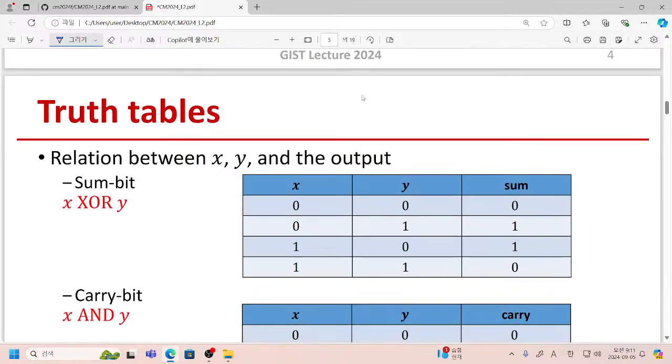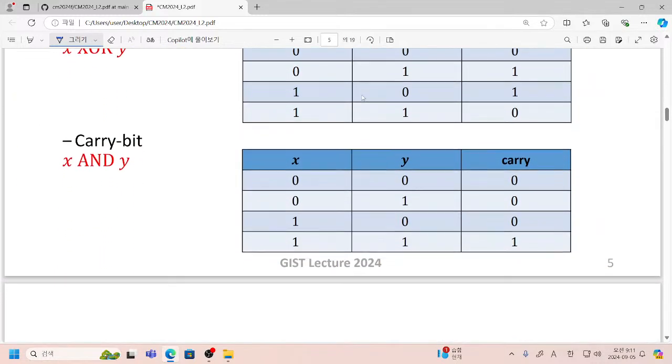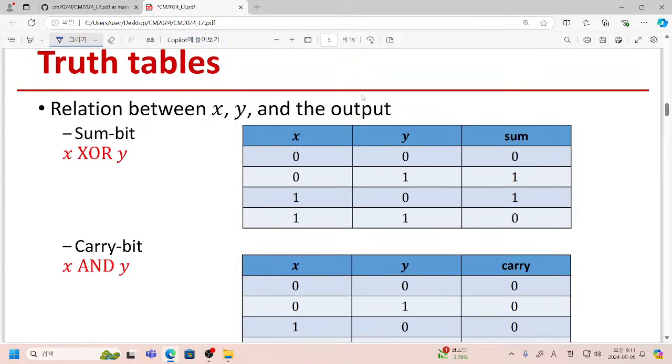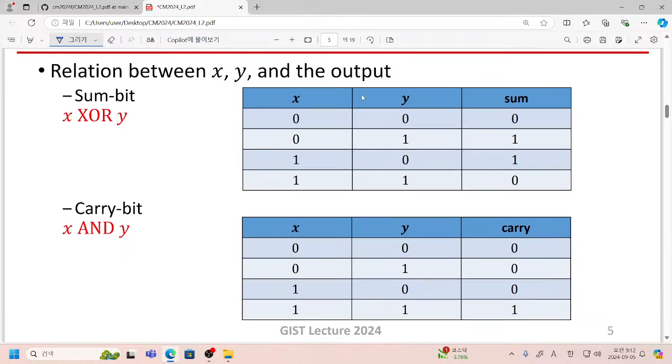So this truth table is just shown here. The main message of this simple discussion is that, in order to make a computer, we need sub-blocks. Among many different sub-blocks, one of the most critical is an adder, and even in this adder, we can consider just two logical operations: exclusive OR and AND.